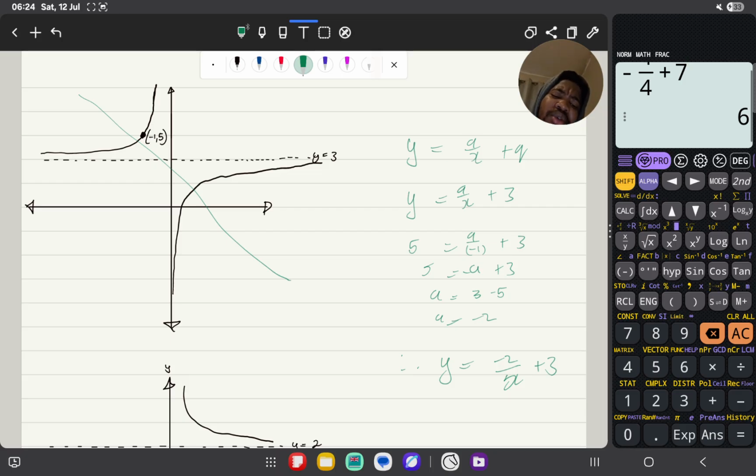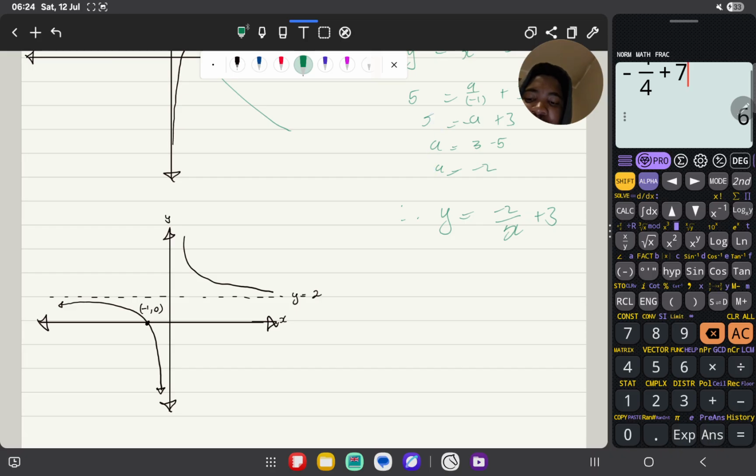Yeah, and of course for q it's very simple, it's the asymptote. Here we have y equals a over x plus, then you say 2, you substitute another point, here you have 0, then you have a over minus 1 plus 2, and therefore a is going to be 2, and therefore you have y equals 2 over x plus 2.